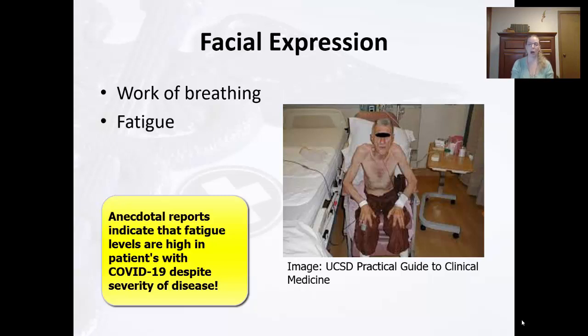That's called tripoding, and patients will assume a tripod position because the muscles in the arms are now in a closed chain position, and so the muscles can pull on the chest wall and help the patient breathe a little bit easier. We also see his clavicle sticking out very prominently.